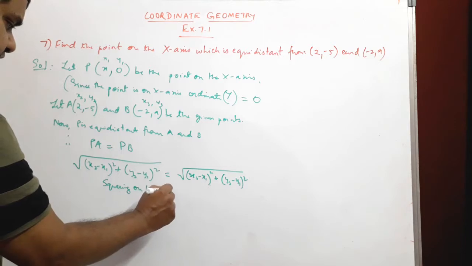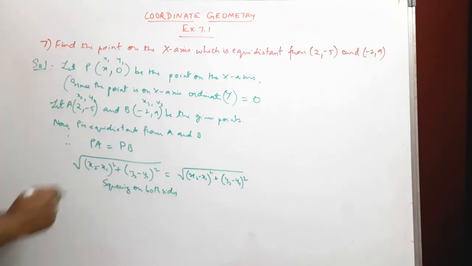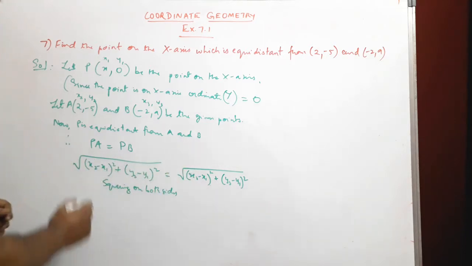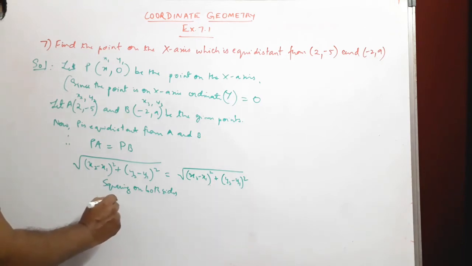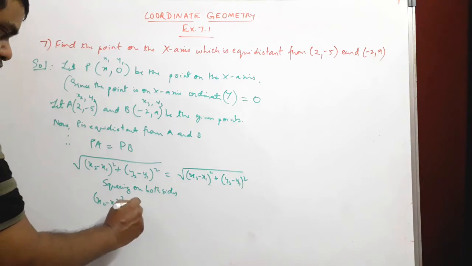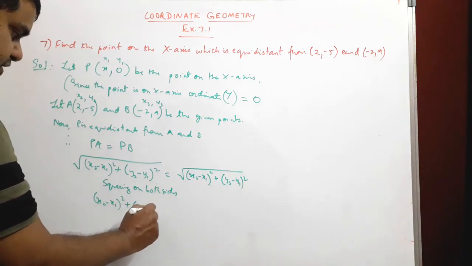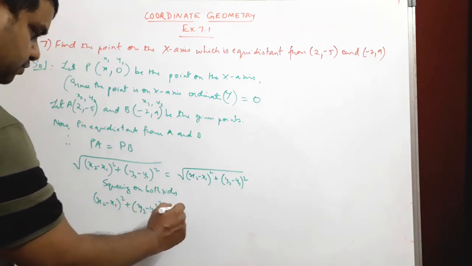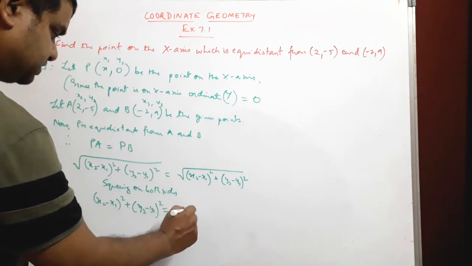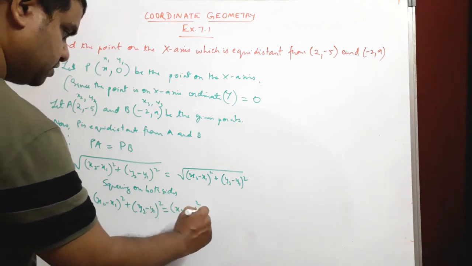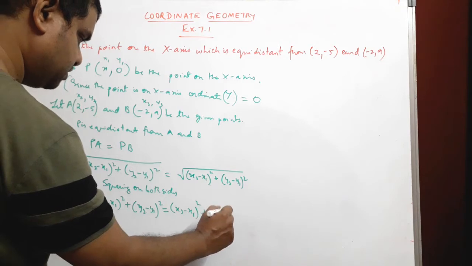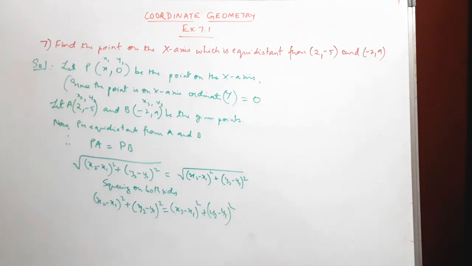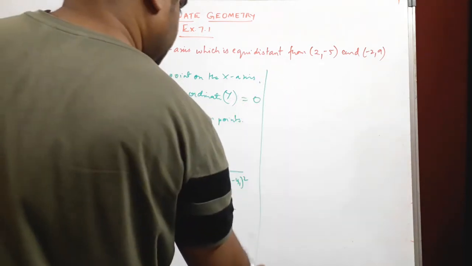When we do that, the square root sign goes. So we'll be left with x2 minus x1 whole square plus y2 minus y1 whole square equal to x3 minus x1 whole square plus y3 minus y1 whole square. I'll complete the problem over here.